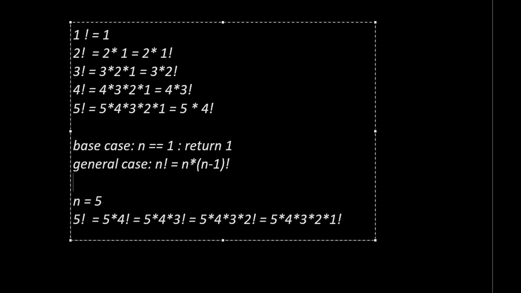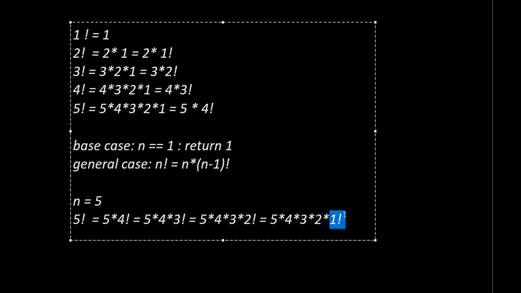Once again, observe this. What is the general case and what is the base case? The base case is where you want to stop and return a particular value. The general case is where you return general statements, like 5 factorial is 5 into 4 factorial, 4 factorial is 4 into 3 factorial, 3 factorial is 3 into 2 factorial, and 2 factorial is 2 into 1 factorial.